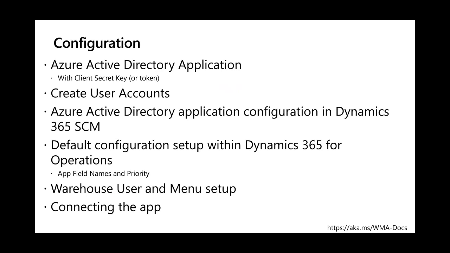We looked at the necessary steps in Dynamics, which include registering the new Azure application and associating the connection with a user account, and creating the necessary data within the warehouse module, including app field and priority data, as well as menu items and workers. Finally, we looked at the different options available to connect the app itself to an environment and walked through the necessary configuration data.